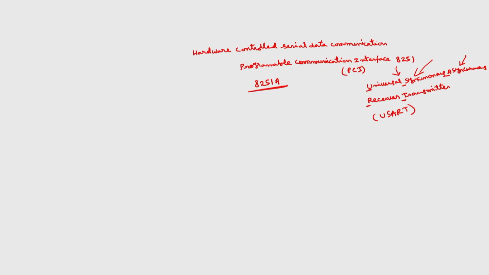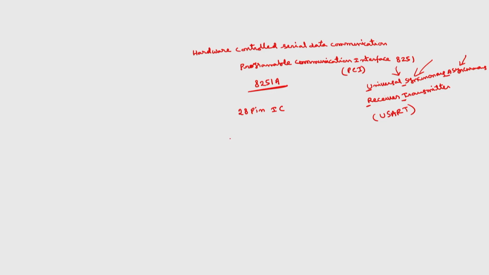Now, coming to 8251A or 8251, this is a 28 pin IC. To control synchronous as well as asynchronous operations, totally it has 5 sections or blocks. One block is called address buffer block, then it has read write control logic.